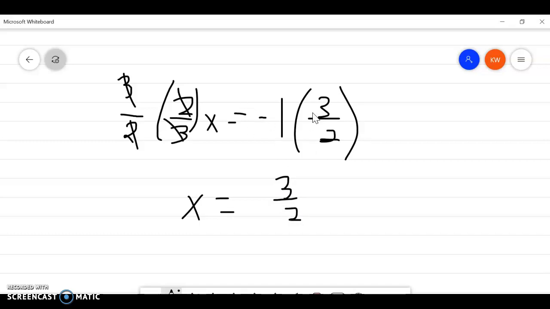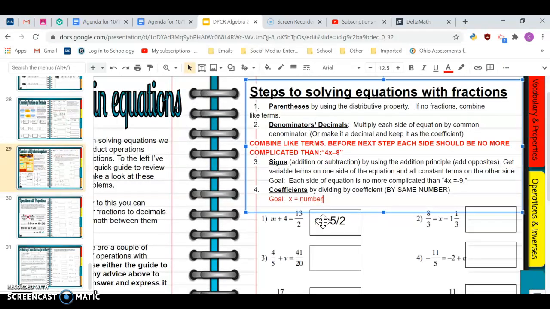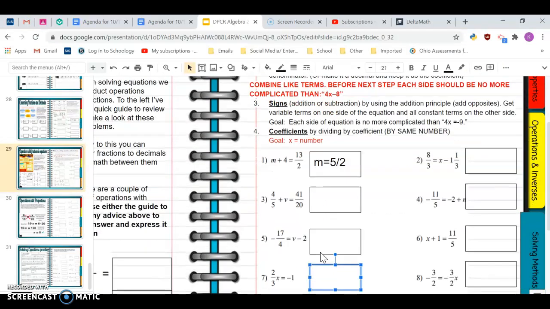And since this is negative and that's positive, that 3 over 2 will be a negative. So pretty quick, pretty simple. But it's just going to take a little bit of practice to get used to it. So when we rewrite our answer, it is x equals negative 3 divided by 2.